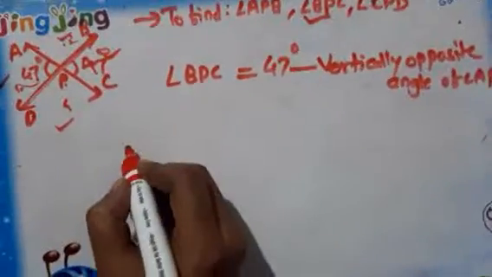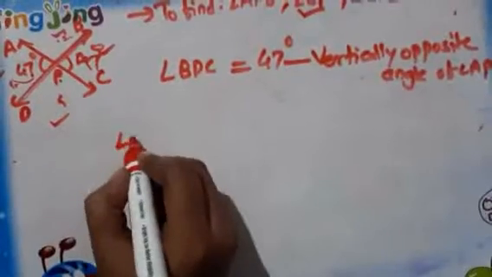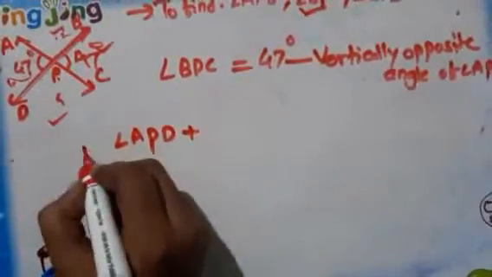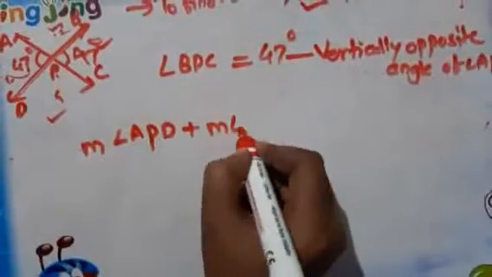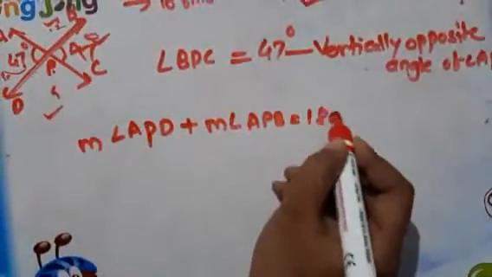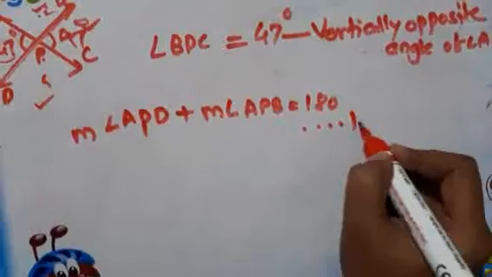So angle APD plus measure of angle APB is 180. Reason will be linear pair angle.